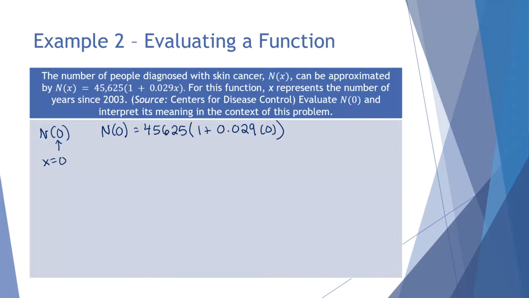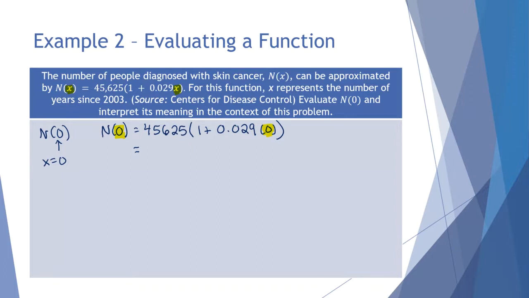Just grab my calculator here. So if I just highlight everywhere we see x in the original problem, that's where we're seeing 0 in our evaluation. So order of operations says that I need to do what's inside the parentheses first. And that means inside the parentheses, I need to do the multiplication first.